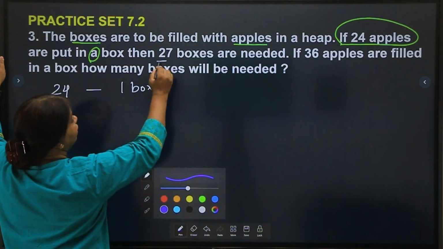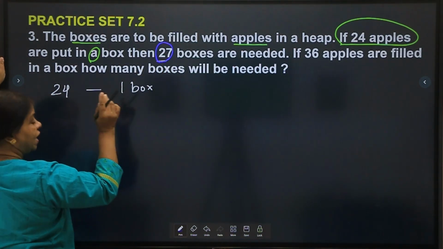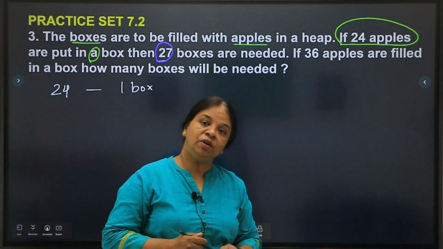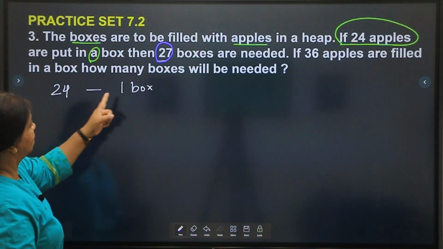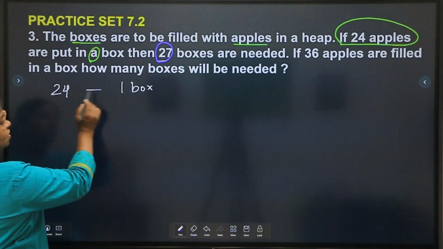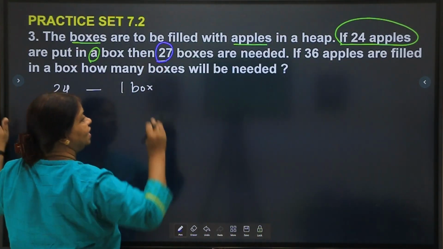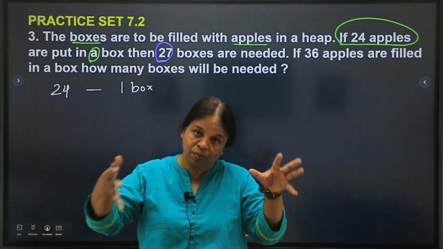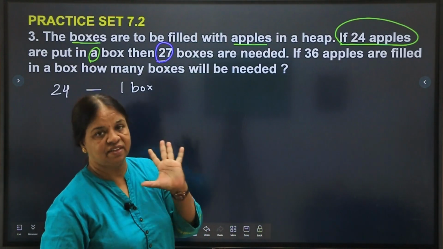We will require 27 boxes if 24 apples are to be filled in one box, to fill the heap of apples provided.